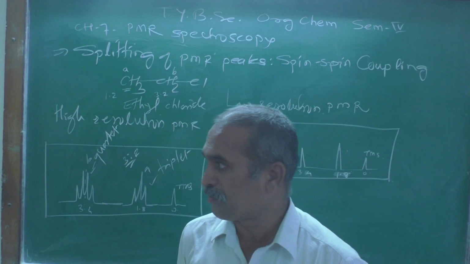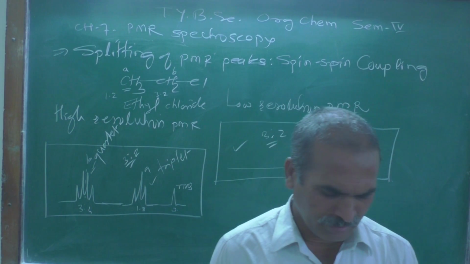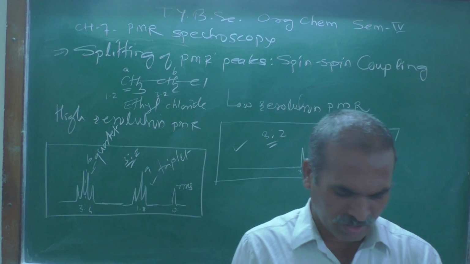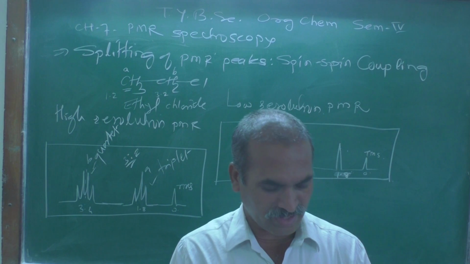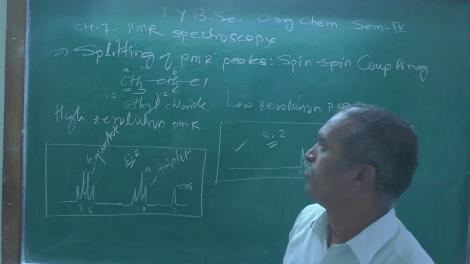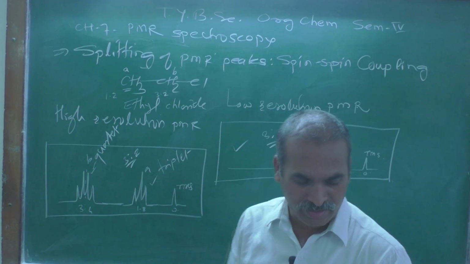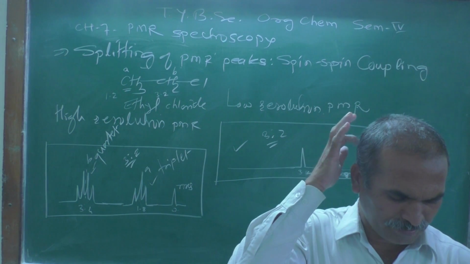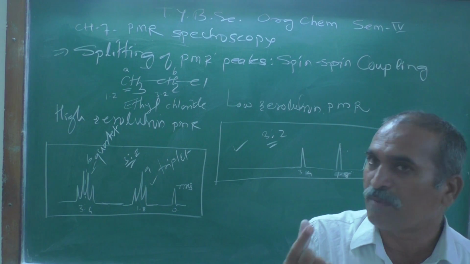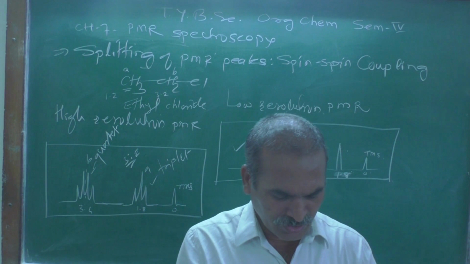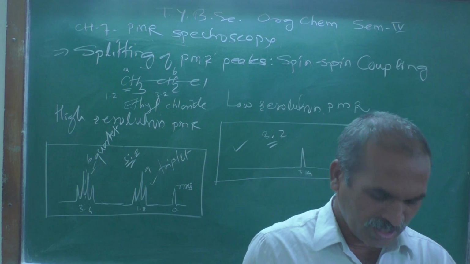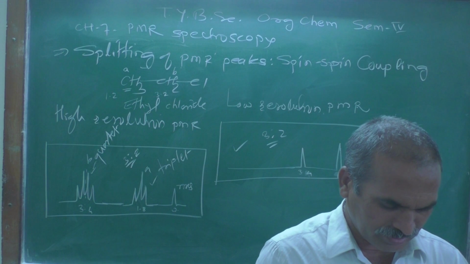What do you mean by the splitting of PMR peaks? The separation of PMR peaks into a number of smaller peaks is known as splitting of PMR peaks.